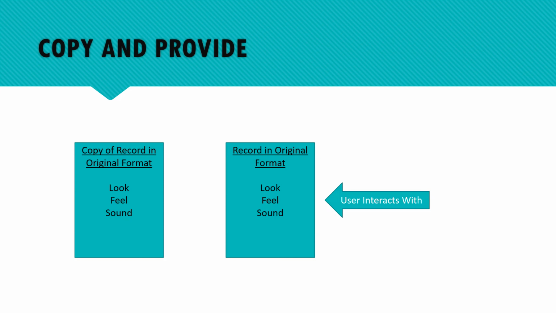Also, there are situations in which the record that archives get, even if there's been no migration or anything that occurs, can still be quite different from what the records look like in their original format.